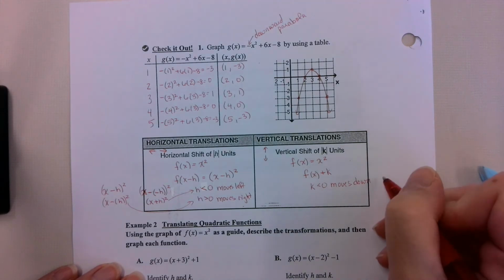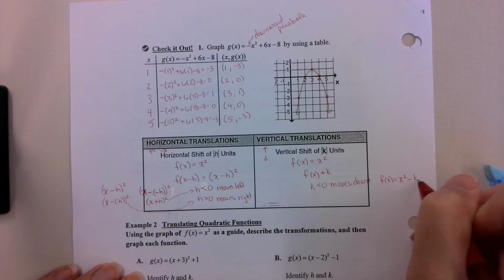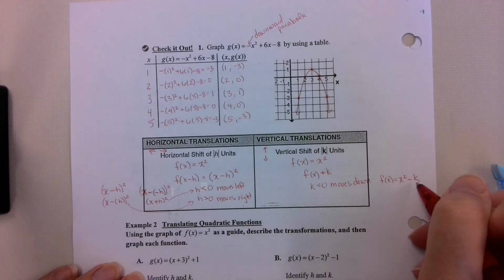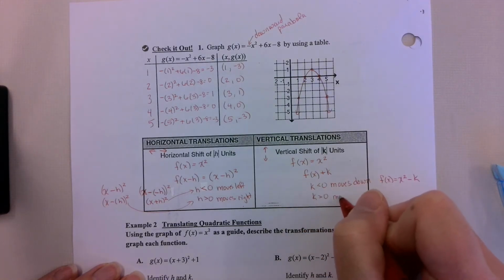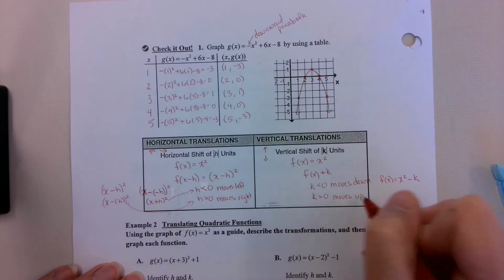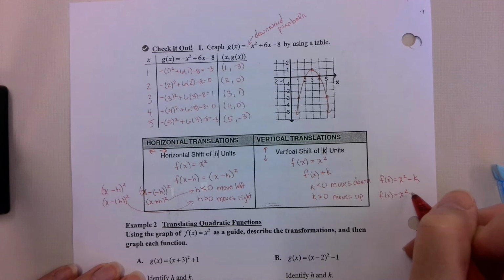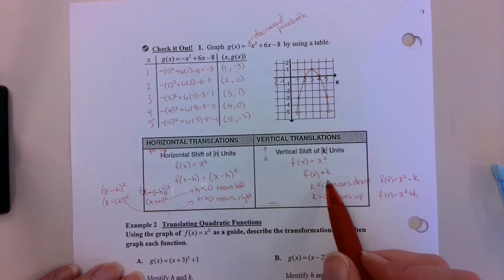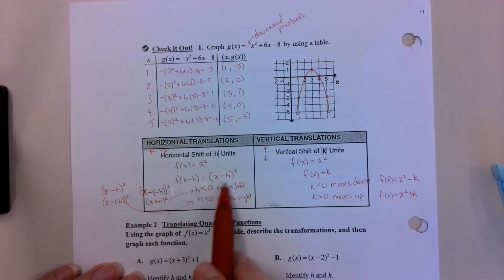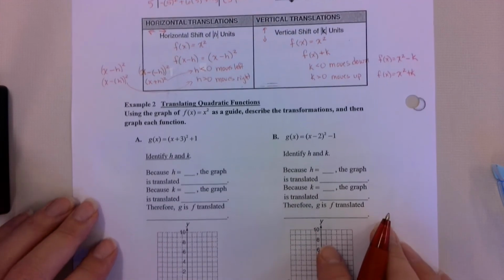So if you have f of x equals x squared minus k, that's going to be moving it down. If you have that k is greater than 0, that moves up. And so that'd be f of x equals x squared plus k. So this minus and plus k, they sort of do what they say, okay? This is based on the opposite of h. So let's talk about these and make a little more sense of it.